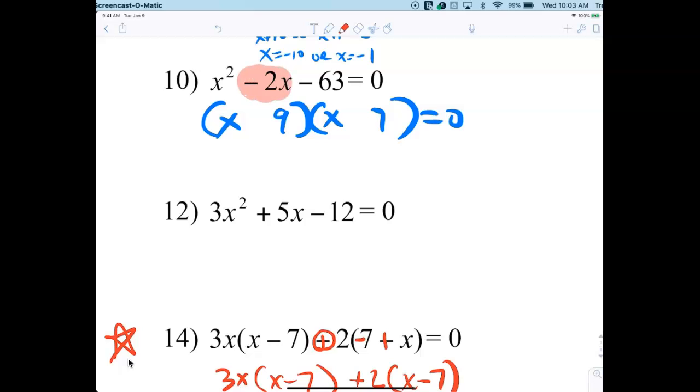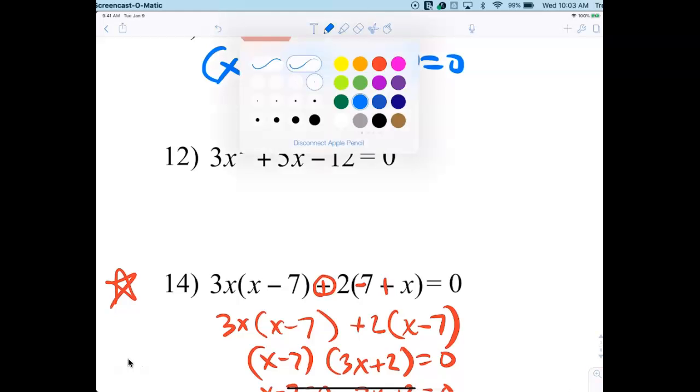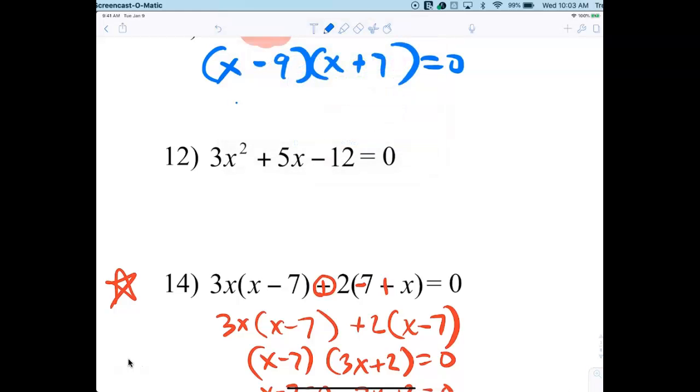Negative 9 plus a positive 7. Now you're setting the factors equal to 0. x minus 9 equals 0, x plus 7 equals 0. So x is equal to 9, or x is equal to -7.